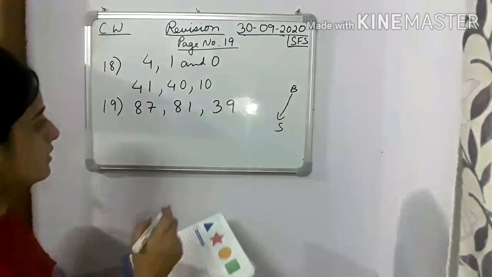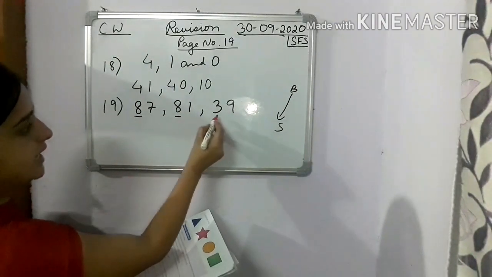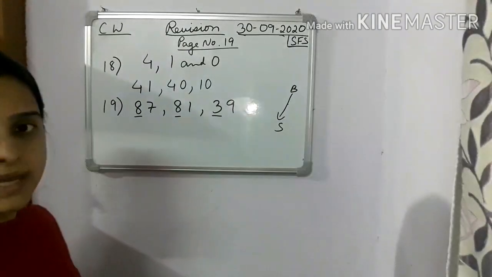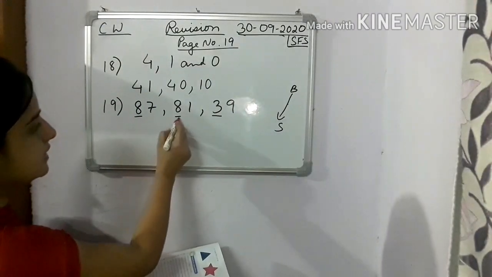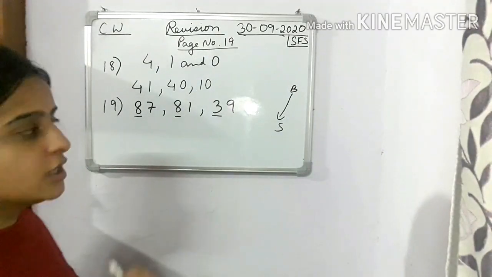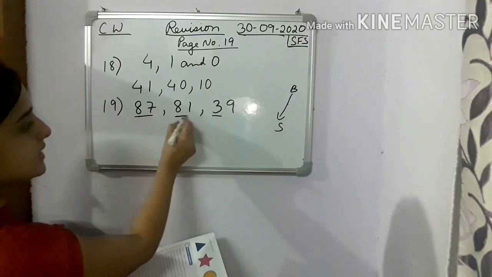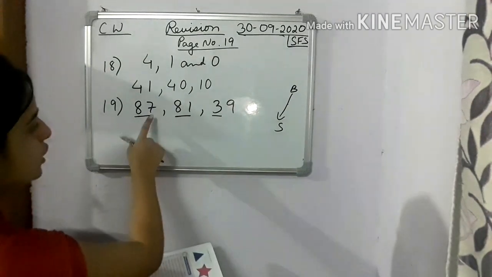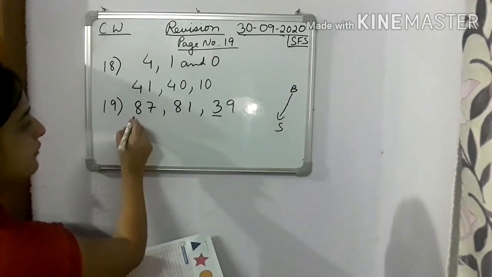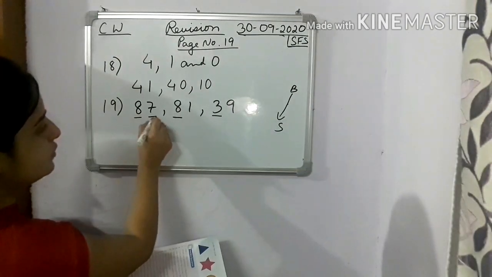Clear? So let's compare. This is 8, this is 8 and this is 3 in tens place. So you can see both are 8, children, and both are bigger numbers, right? So let's compare between this and this. Which one is bigger? How do we compare, children? If the digits in tens place are the same, we'll see the digit in ones place.